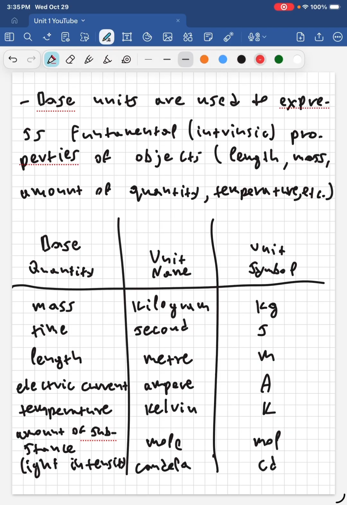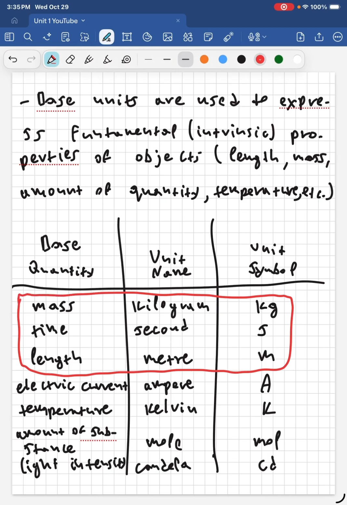Okay, all of them are equally important, obviously, but these 3 appear most frequently in unit 1, okay? And the other comment I have is that this last one, the light intensity, is very rarely used in physics. I mean, I've never really encountered it after so many years of studying physics. It was only one time when I was an undergrad student, okay?